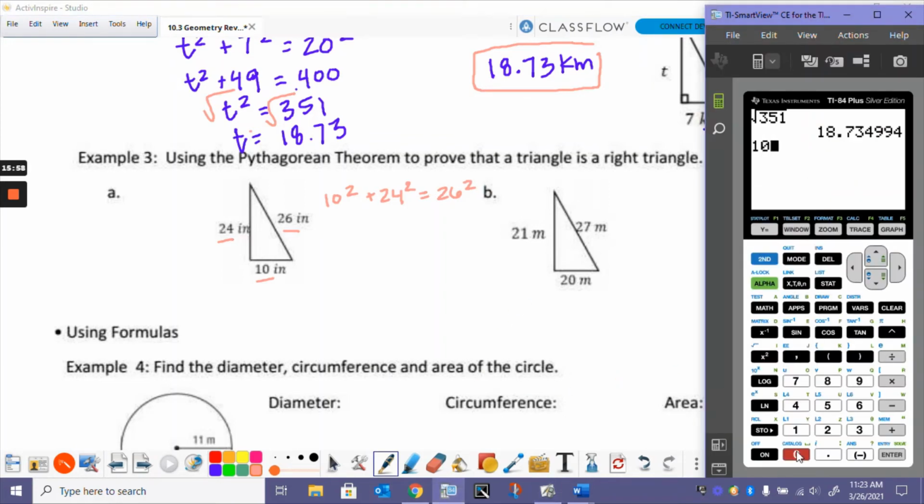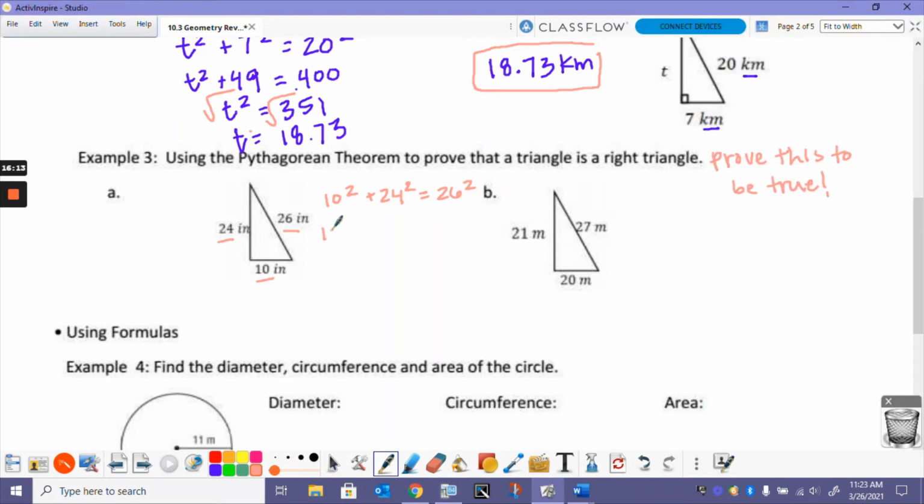All right, so 10 squared, 100, 24 squared, 576, and then 26 squared. I'm just going to go ahead and work all these out in advance. 676, okay? So we have 10 squared, 100, plus 24 squared was 576, equals 676. So then we just combine our like terms.